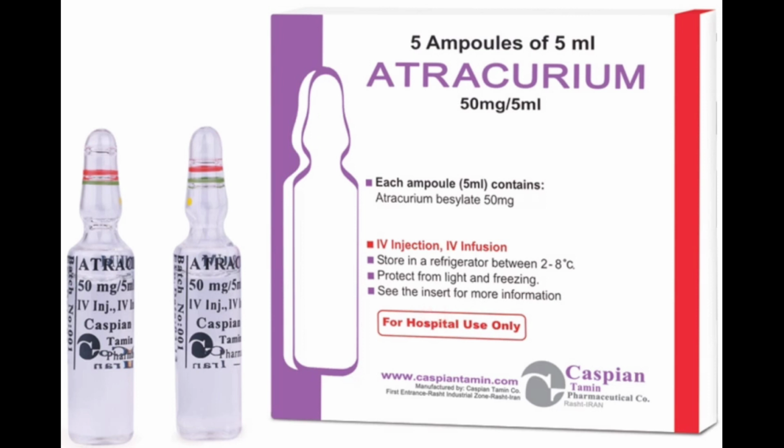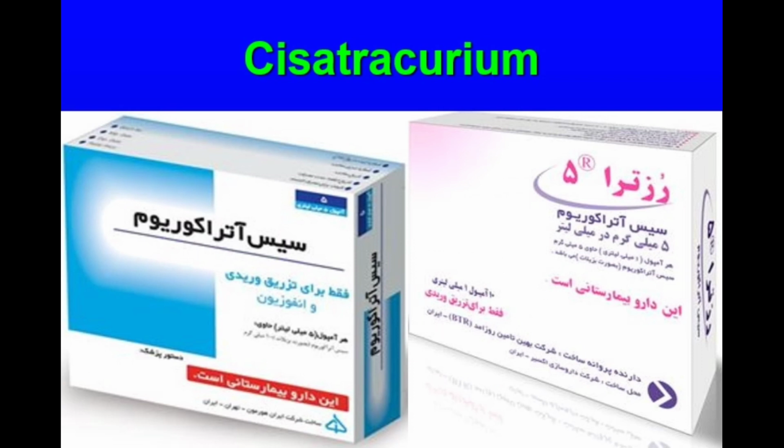These are effects of histamine. Cisatracurium is a single isomer of atracurium. It is more potent and has a slightly longer duration of action. It provides greater cardiovascular stability because it lacks a histamine-releasing effect.